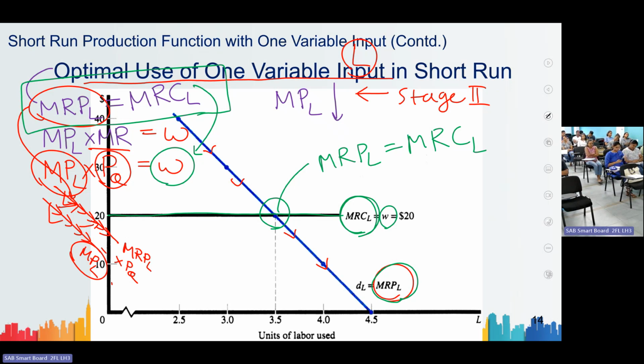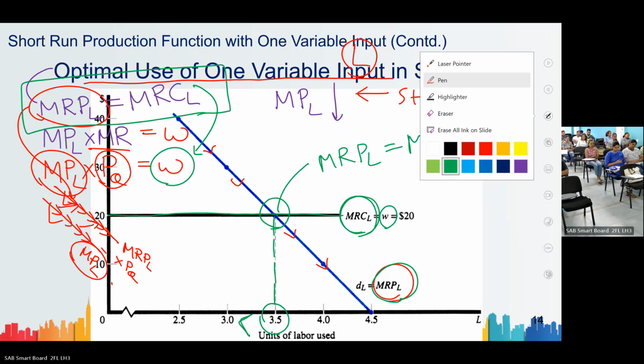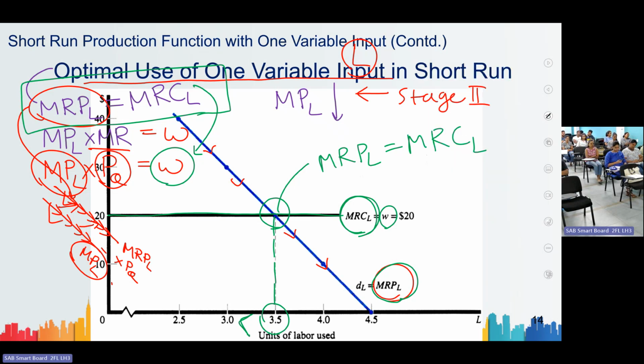And this point corresponds to this much of labor input. So that is the optimum level of labor. We can call it L star to denote that it is the optimum use of labor.